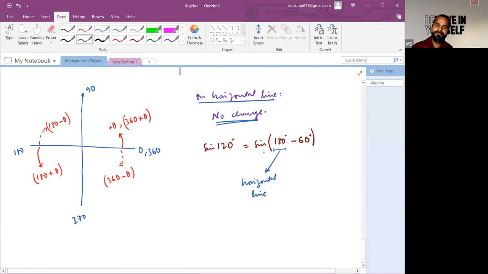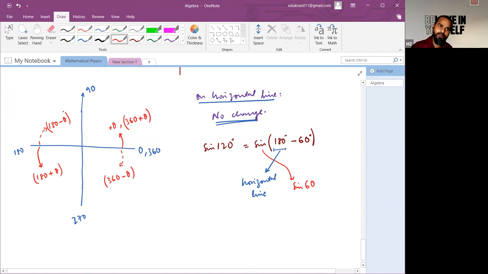So there would be no change in this trigonometric function, it will remain sine and put this theta to it, so it will be sine of 60 degree. Now the next part is to define whether this value would be positive in that given quadrant or not. Just check, here we have 120 degree.